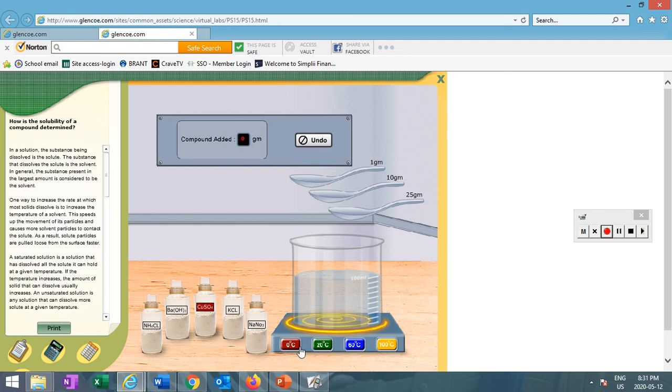Okay, let's do copper sulfate, back to 0. Start with 25. Too much. Start with 10. Let's see, about 20. Oh, yeah.